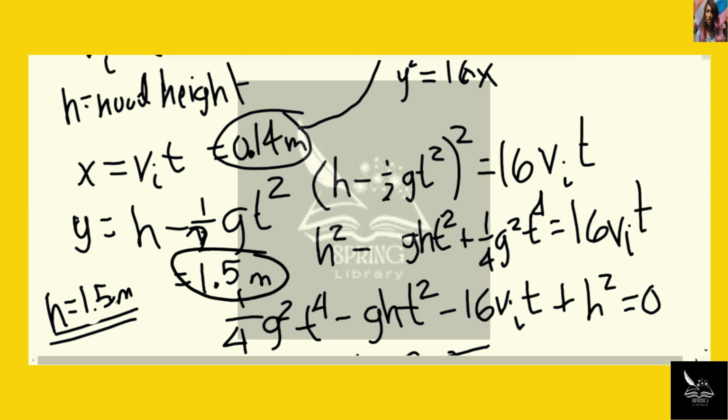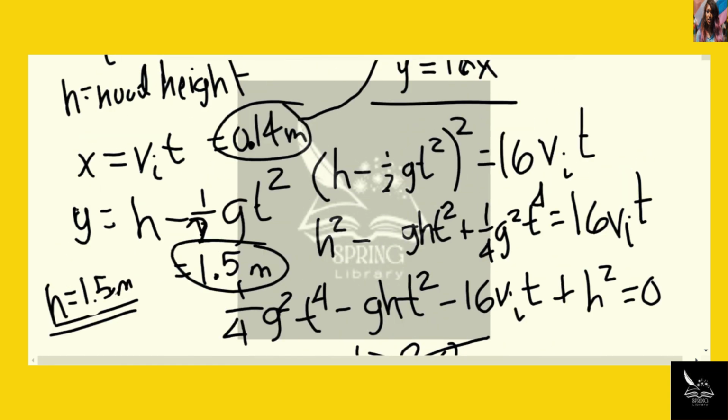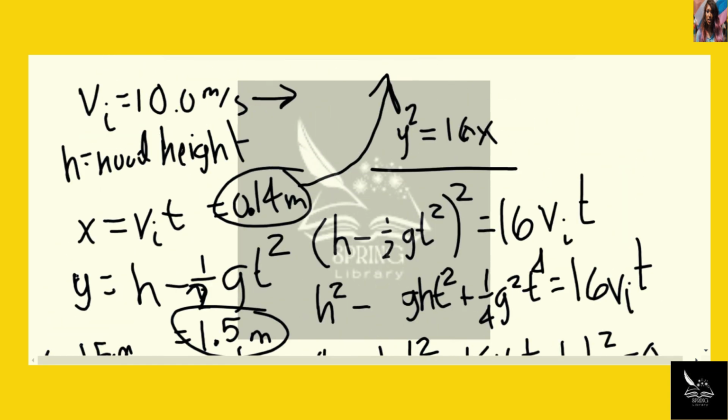So let's just make sure that that works in this equation. 16 times x is 2.25.